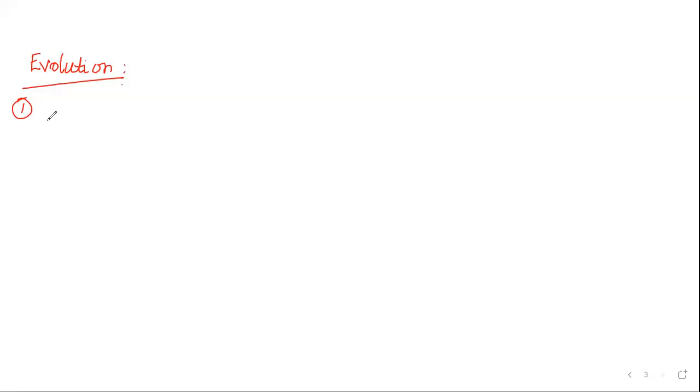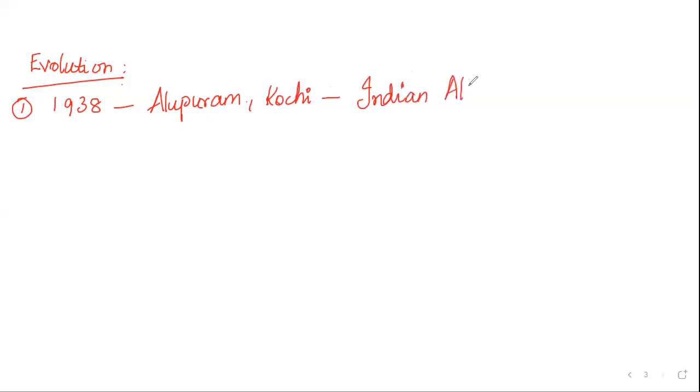Right. So here, if you observe this, as I mentioned to you, it all started somewhere around 1938. The year was 1938 when the Alupuram factory, that is your Hindalco, was set up in Kochi, and then it was called the Indian Aluminium Company.